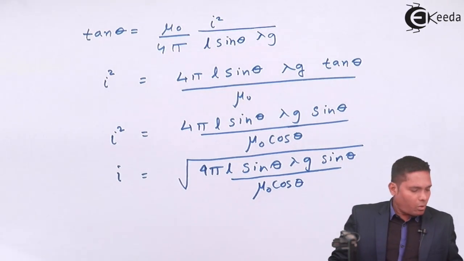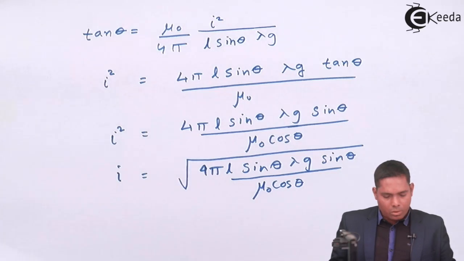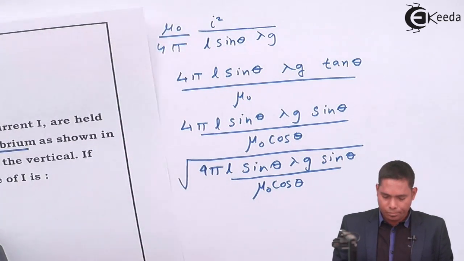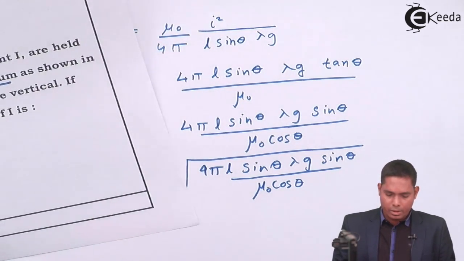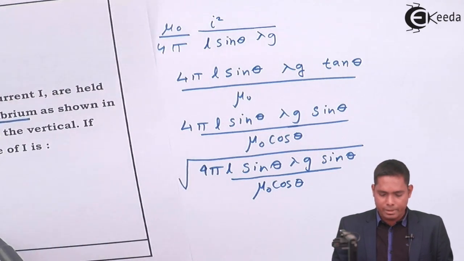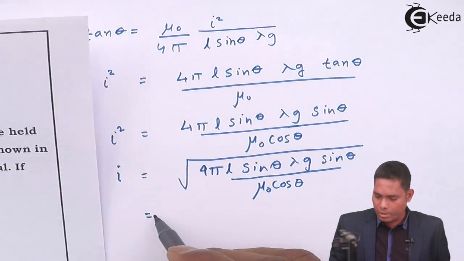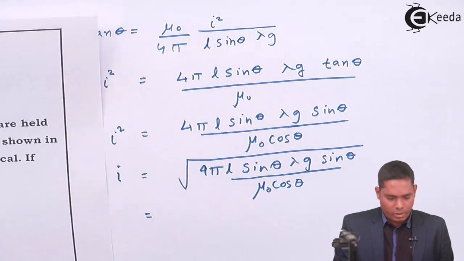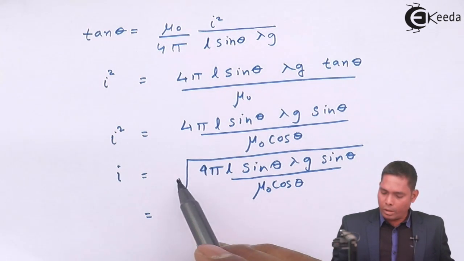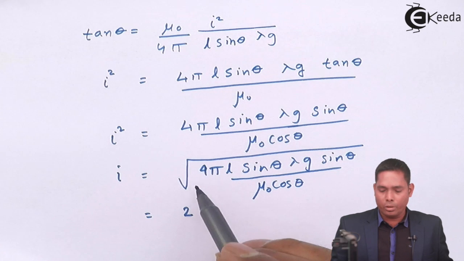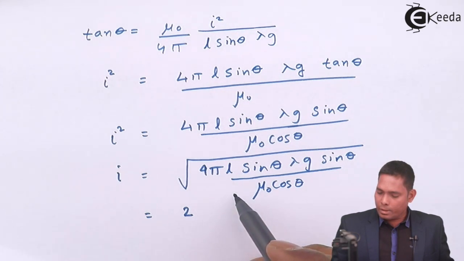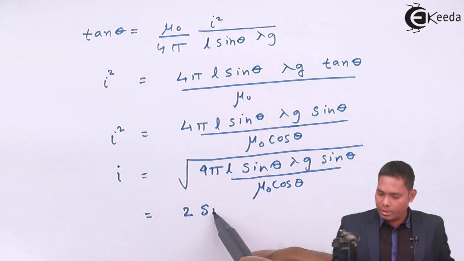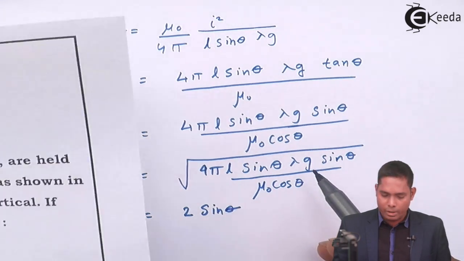Now let me check the options. If I see the options, exactly no option is matching, so I have to rearrange. Something you have to take outside if you want any of the three. So 4 comes out of the root, it becomes 2. There is sin theta and sin theta, so sin theta will come out. So 2 sin theta comes out.